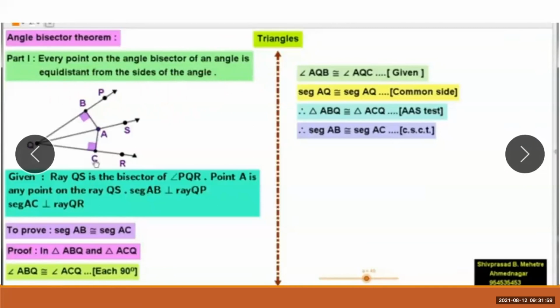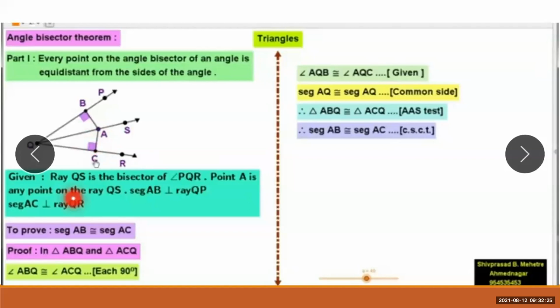Now see the diagram. Here again angle PQR is given and ray QS is the bisector of given angle, and point A is mentioned on the bisector. Okay, that is all given.